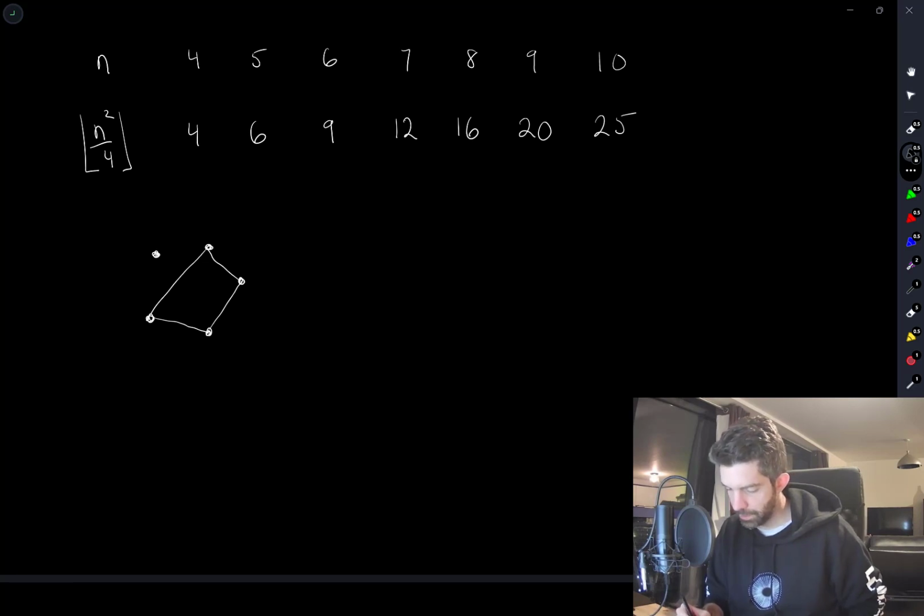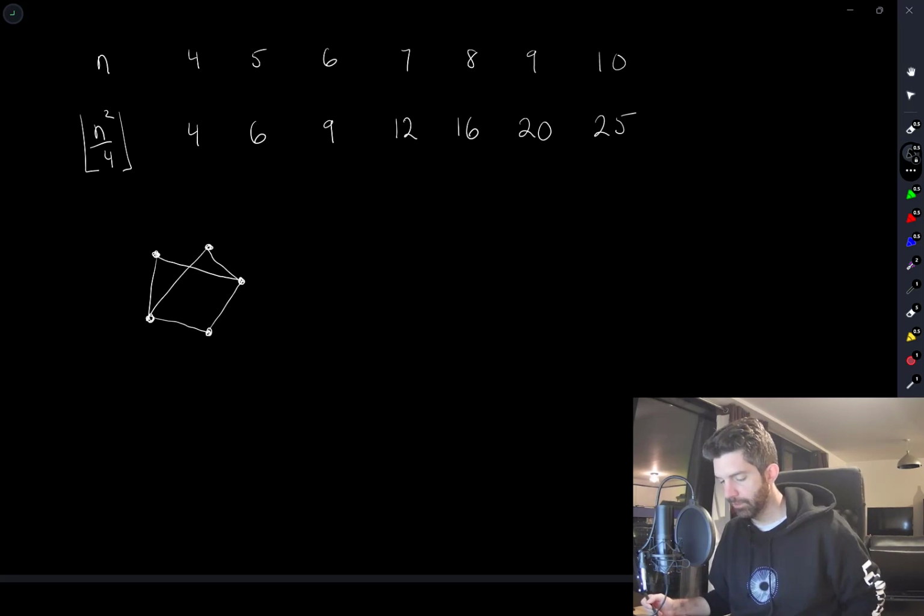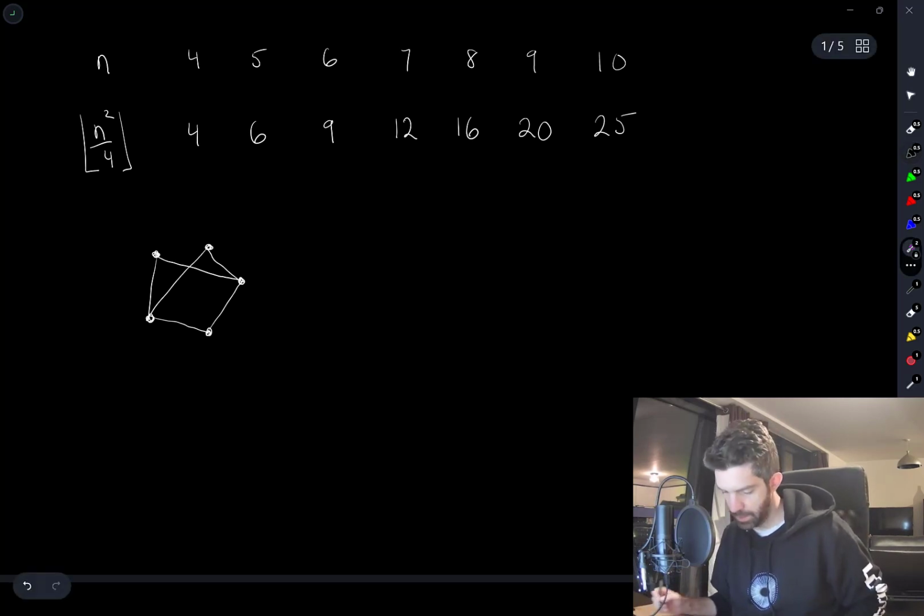I need to add 2 more nodes to this without making a triangle. Interesting. So that works, right? I don't think I have a triangle there. Nope. Nope. Nope. Yeah, that works.